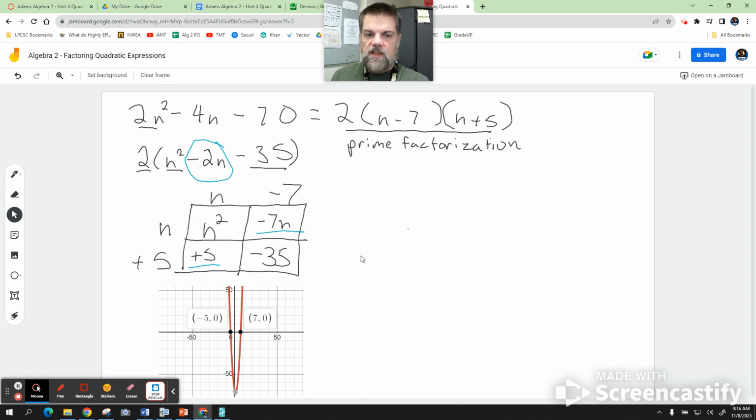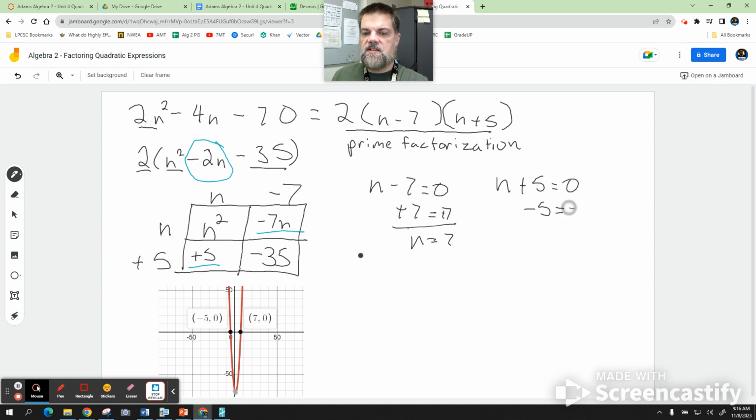So if I take n minus 7, set it equal to 0, and I add 7 to both sides, I get n equals positive 7. If I take n plus 5, set it equal to 0, subtract 5 from both sides, I get n equals negative 5. That's what these are.